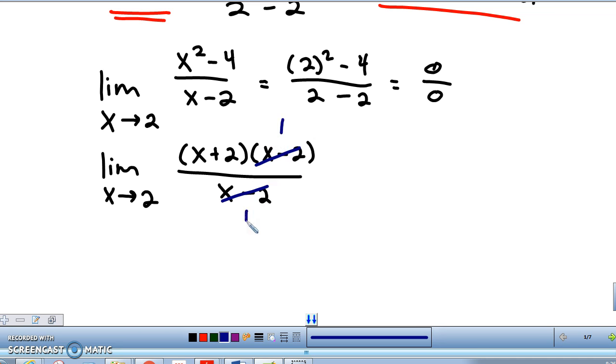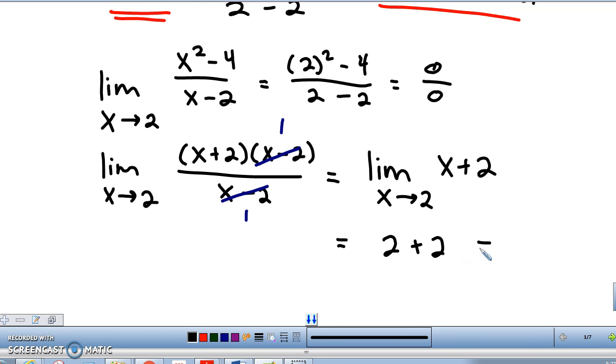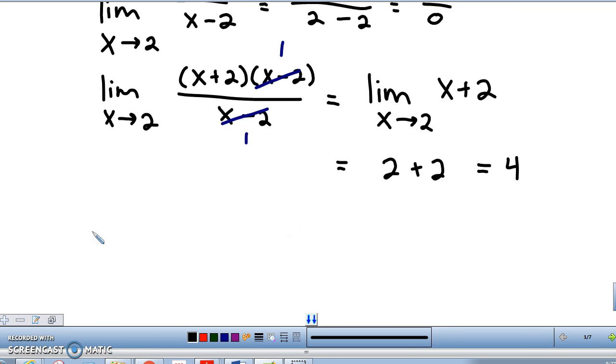Having x equals 2 was a problem because the denominator would be 0. Now we canceled out that denominator. So the limit of x plus 2 as x approaches 2 is now 2 plus 2, which is 4. This is a removable discontinuity.